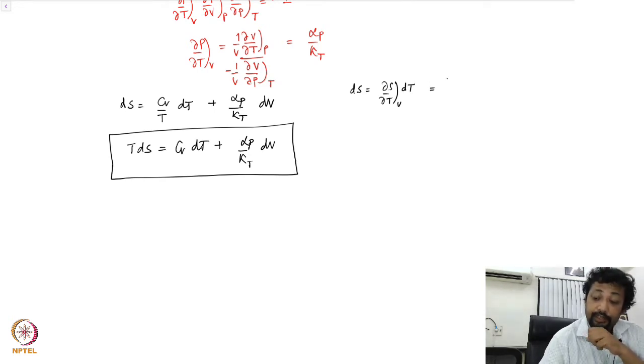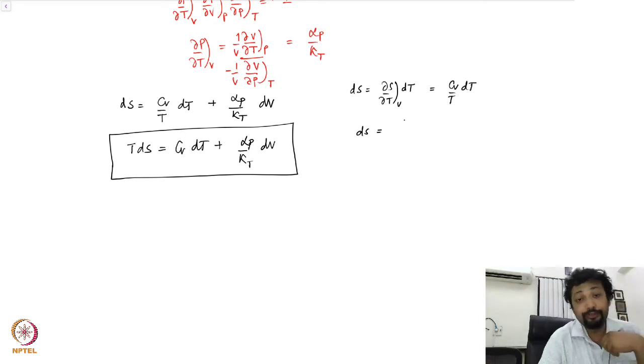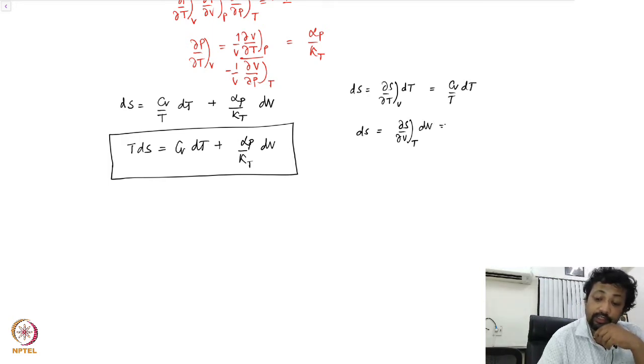And the temperature doubles, which is essentially Cv by T dt. If I hold the temperature fixed and the volume doubles, I want to find out the change in entropy. This is going to be del S del V temperature constant dV, which is alpha P over kappa T times dV, right?